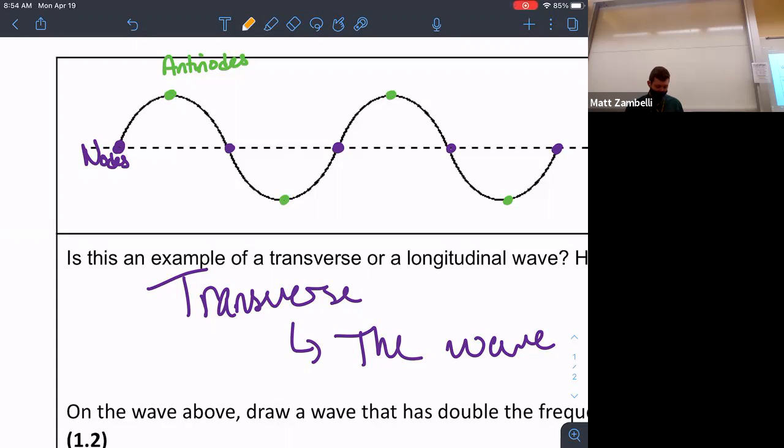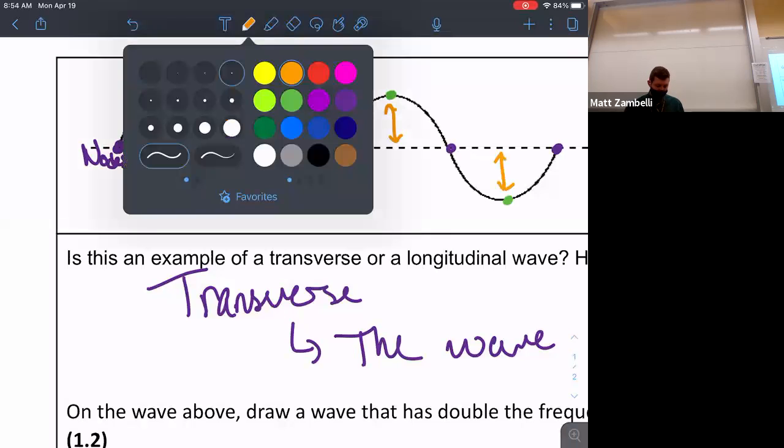Awesome, it's the height, we're right here. So we have 4 different spots to measure our amplitude.